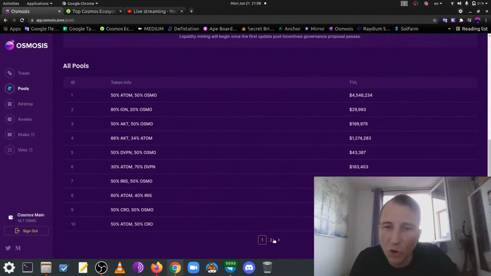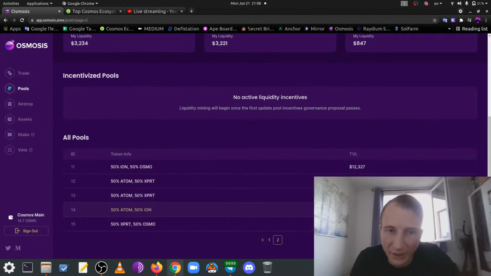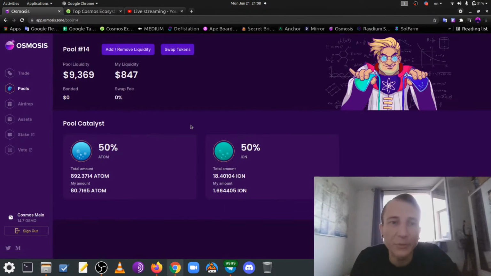And if we go and watch this pool that is not so big with ion, we will see that here is 809, near to 900 atoms, and only 18 ions.